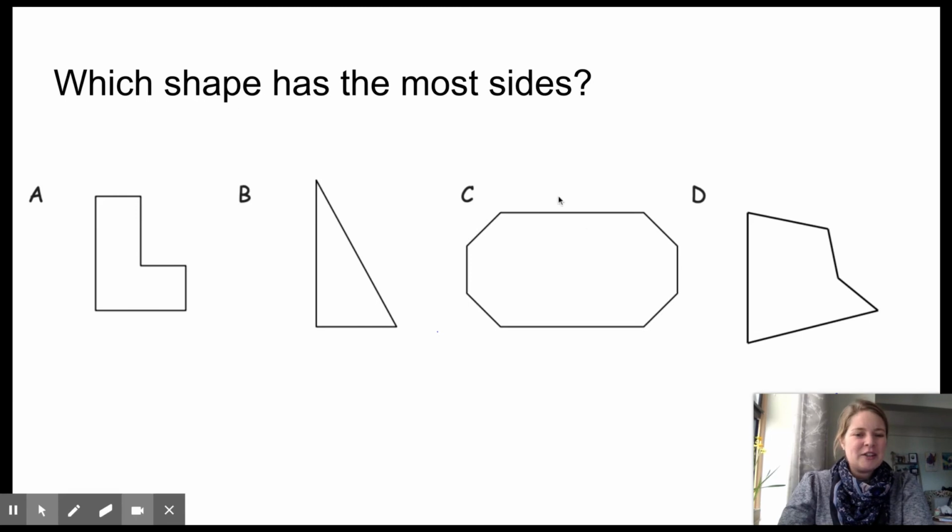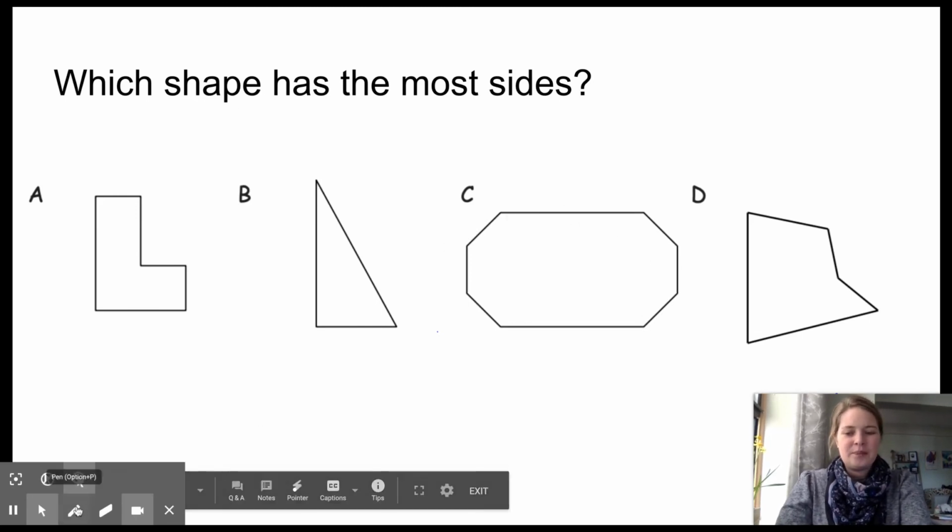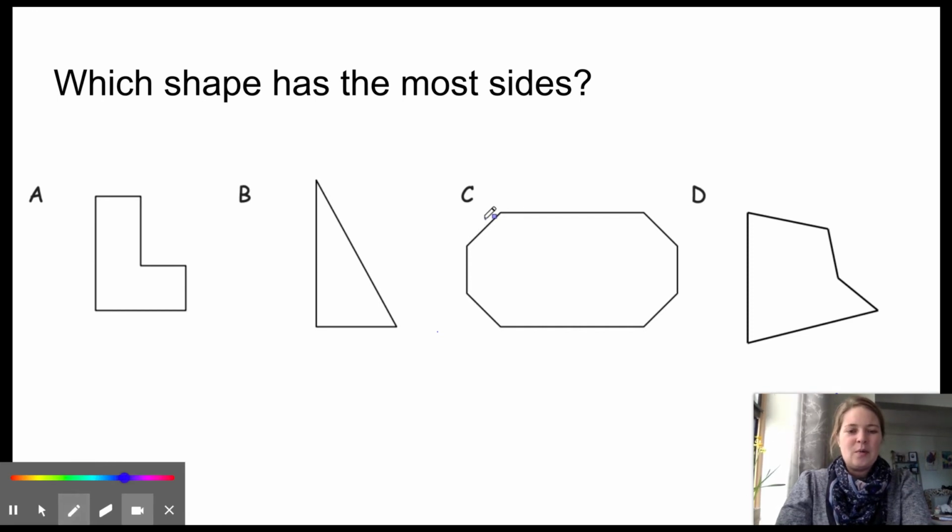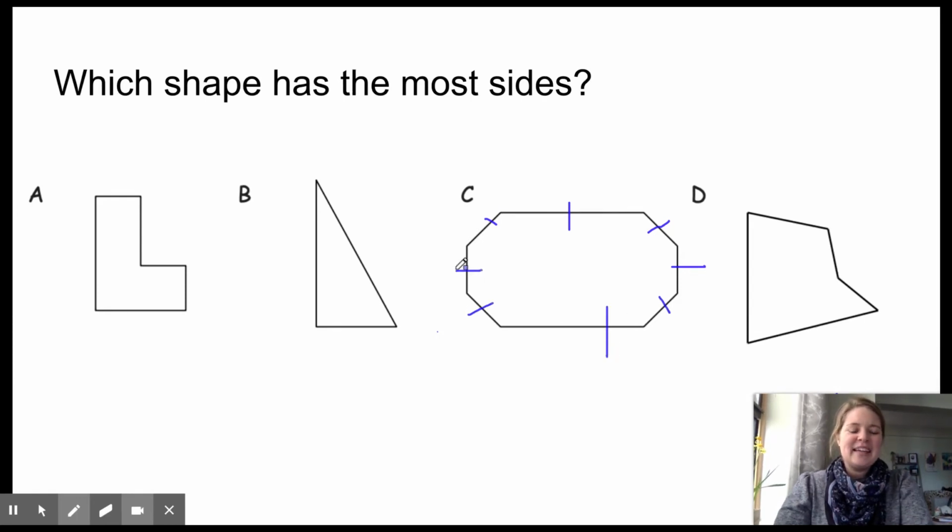I think just by looking that it's going to be C. Let me count. 1, 2, 3, 4, 5, 6, 7, 8. C has 8 sides. I better check to make sure that neither D nor A have 8 sides. 1, 2, 3, 4, 5.